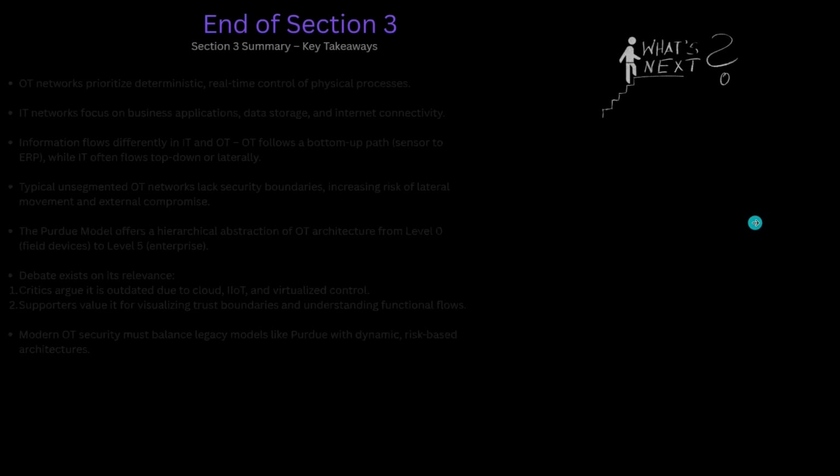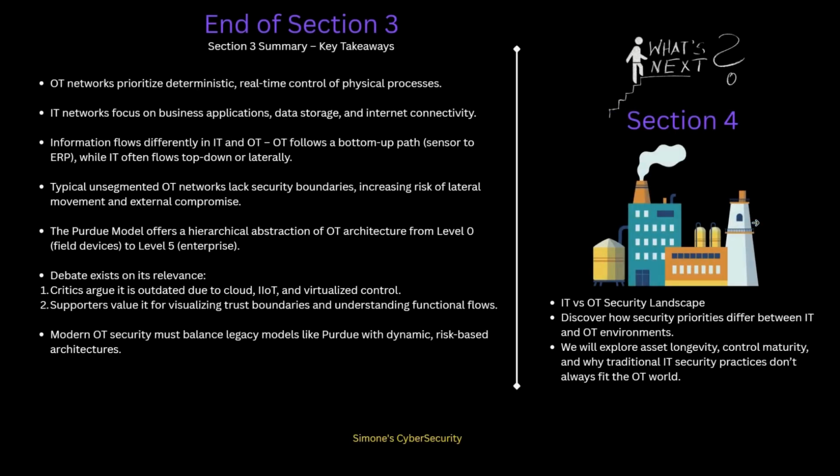With that, we wrap up our section 3. Section 3 was all about understanding the OT environment. First, we started out by discussing IT-OT convergence, and how it makes the network look like a mesh. Then we discussed IT network design and the OSI model.